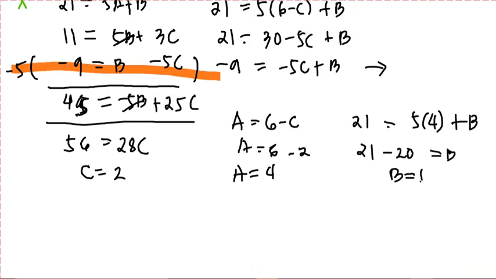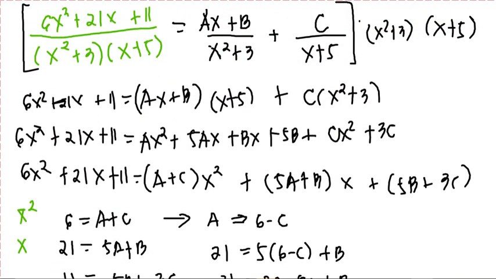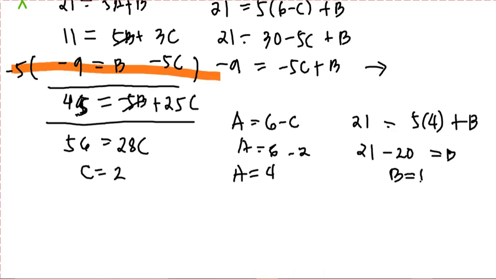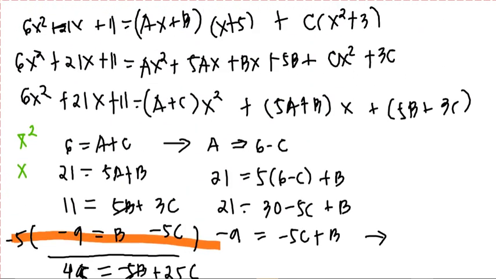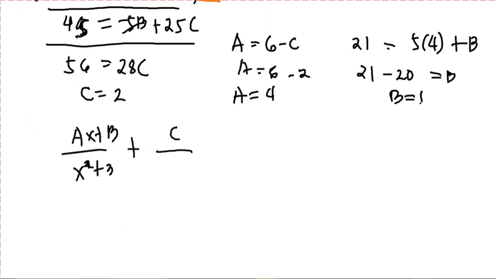So, yung equation sa babaw is ax plus b all over x squared plus 3 plus c all over x plus 5.